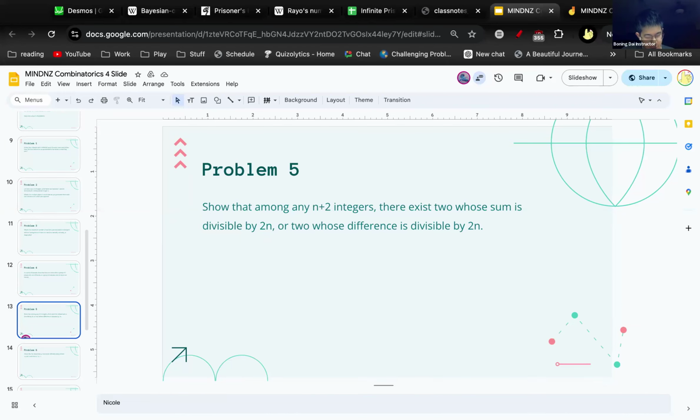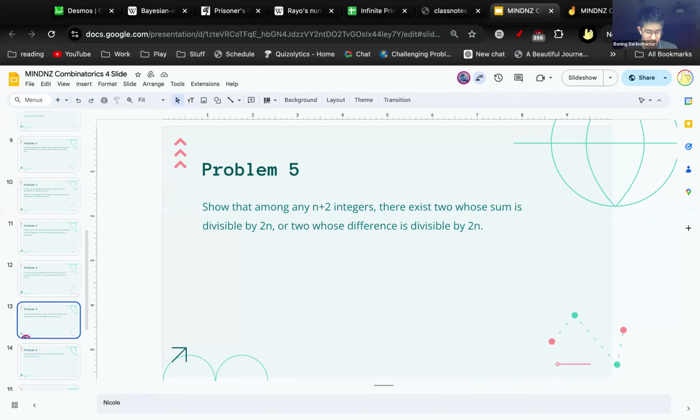So you can't have 2 numbers which are the same. Now we're going to split them into pigeonholes. So let's say that our pigeonholes are 0, and n, and also 1 with 2n minus 1, and also 2 with 2n minus 2, dot, dot, dot, n minus 1 with n plus 1.